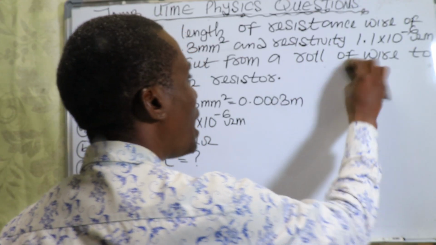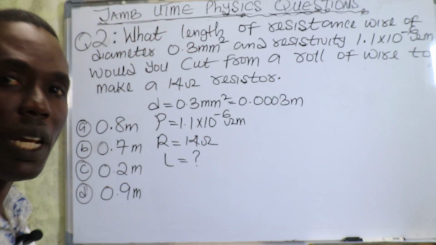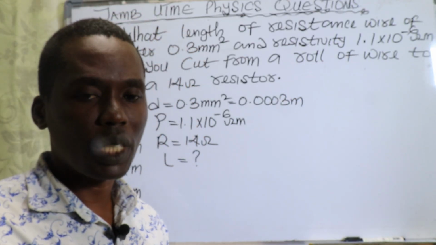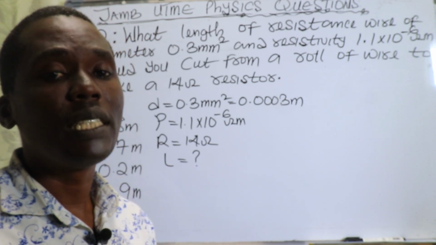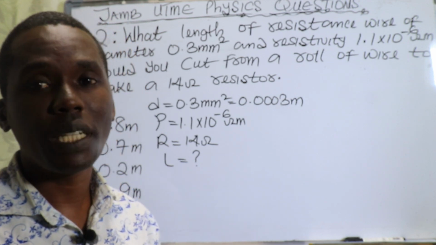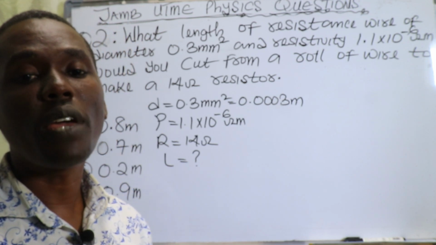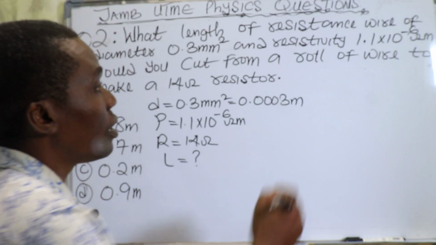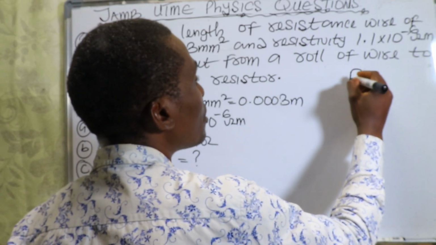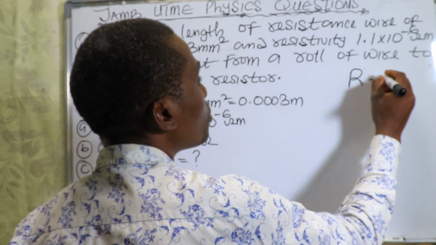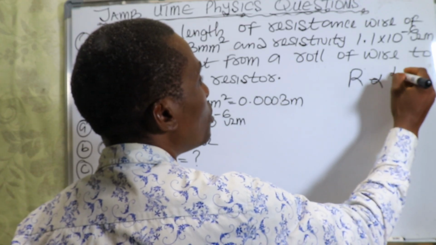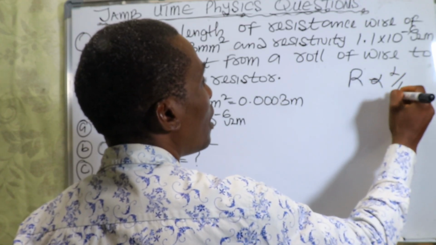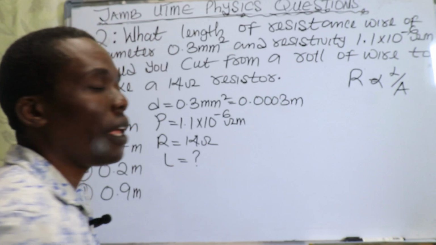The next question we will ask ourselves is say, which formula we go take solve this question. Now the first thing you go remember, what be the resistance of a material. The resistance of any material is proportional to the length of that material over the cross-sectional area.